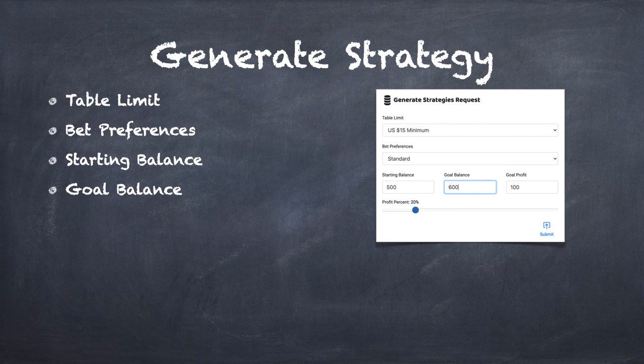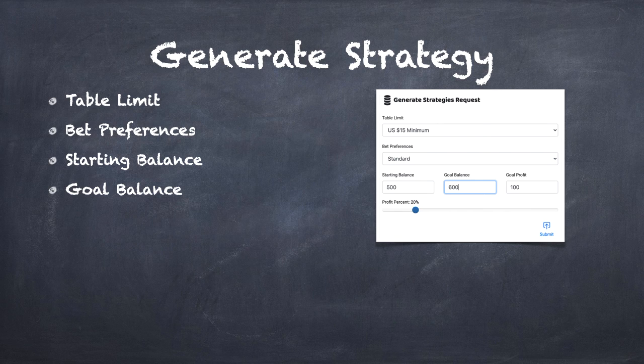Okay, now once we've done that, we then go to the generate strategies request. And at this point, we basically specify what our table limits are, what our bet preferences are, and then we specify what our starting and goal balances are. So in this particular case, we're at a $15 minimum table. We're using the standard bet preferences that I've set up.